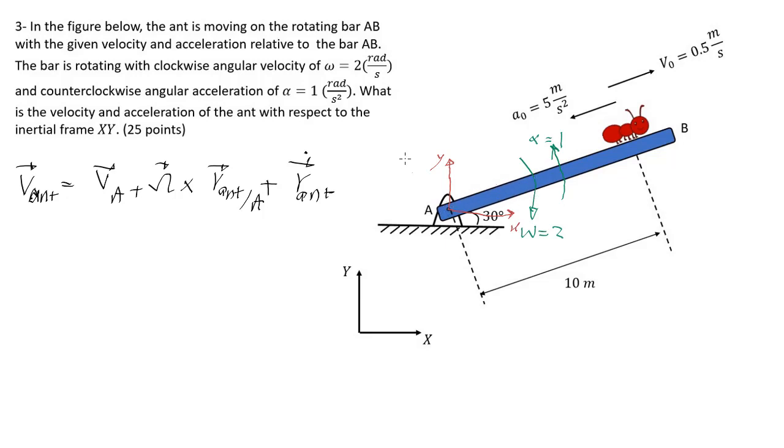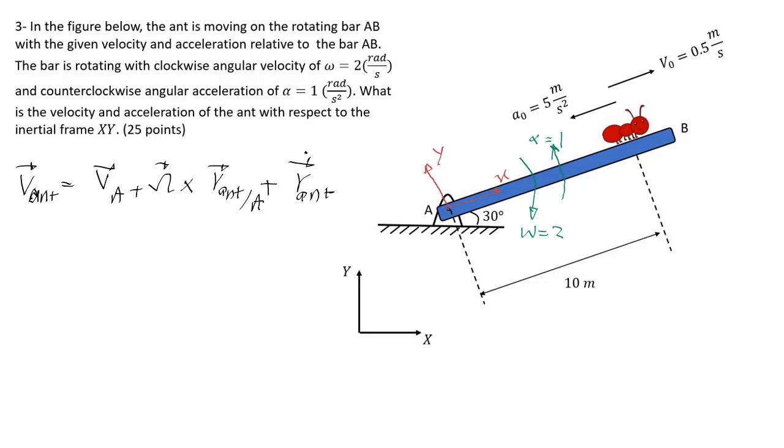You can also consider it like this: just consider the x along the AB direction. That actually makes it easier. So let's consider the rotating frame this way. This is going to be the x direction, this is going to be the y direction. And this frame is rotating with the rigid body, with the AB.